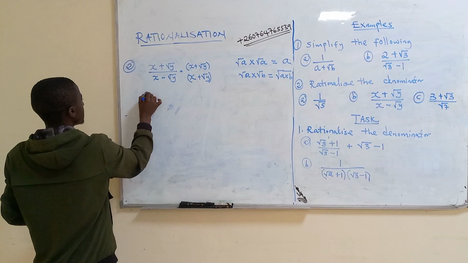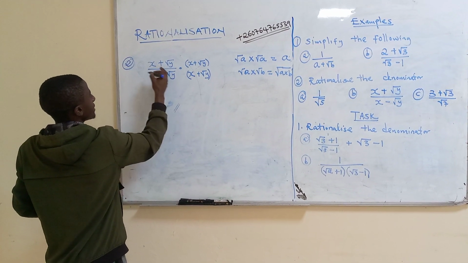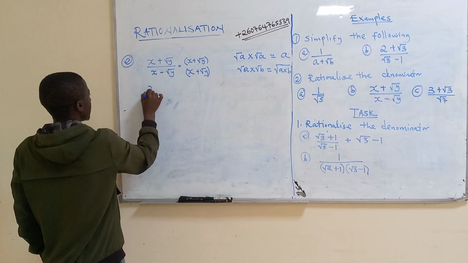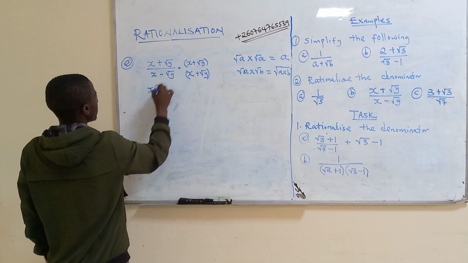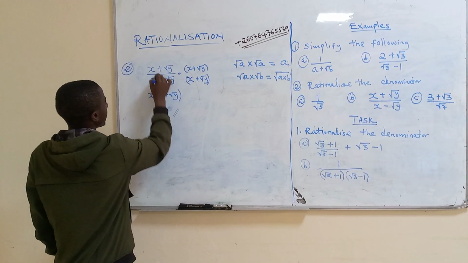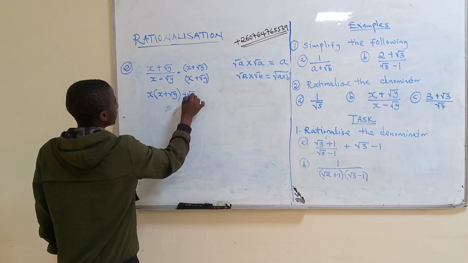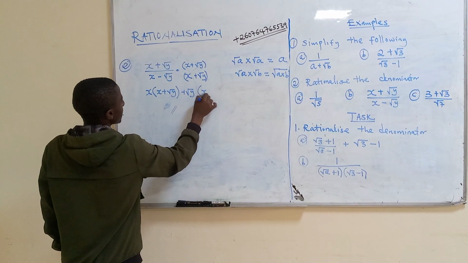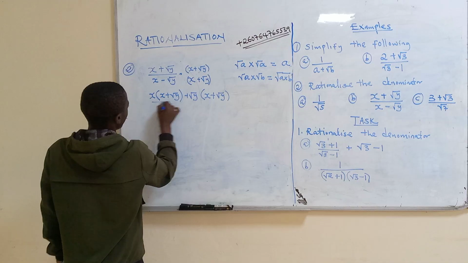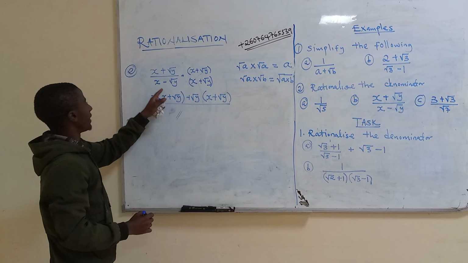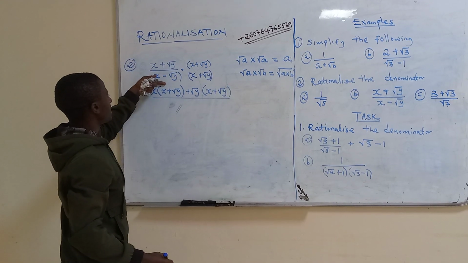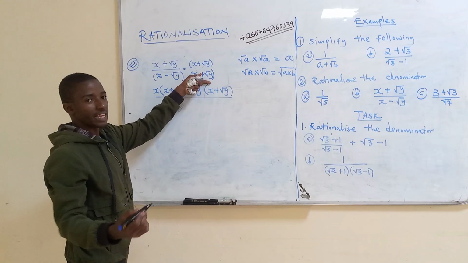So the entire thing is being multiplied with everything inside the bracket. That is x multiplied by x plus square root of y, plus square root of y, x plus square root of y, over. Even here, under the denominator, you are multiplying these variables with everything inside the brackets.